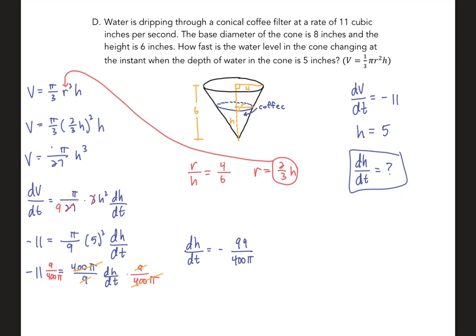2, 4, 4. Okay, so that makes the 400 just a 100. So that 400 is really, whoops. Just do that.